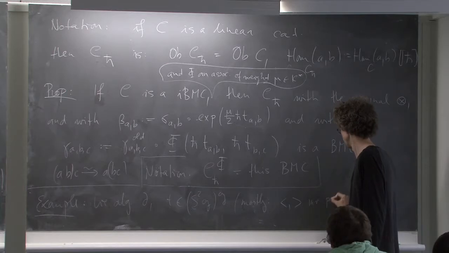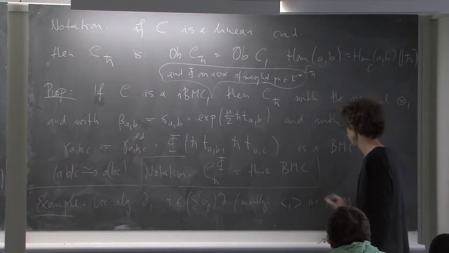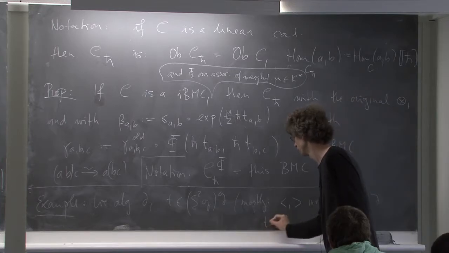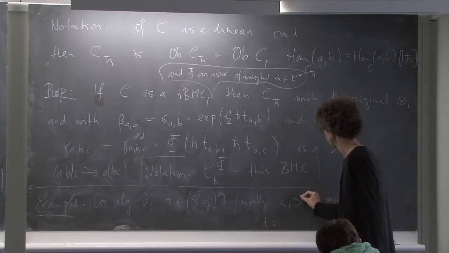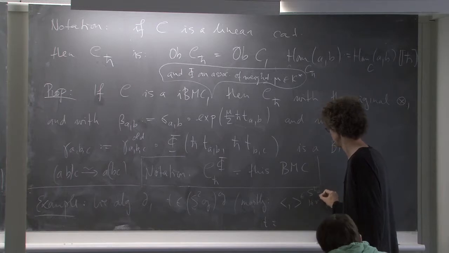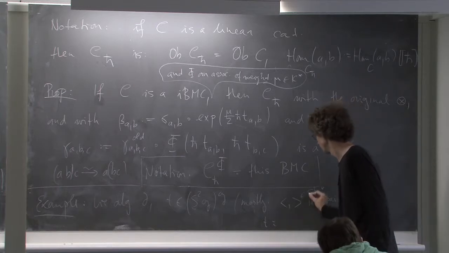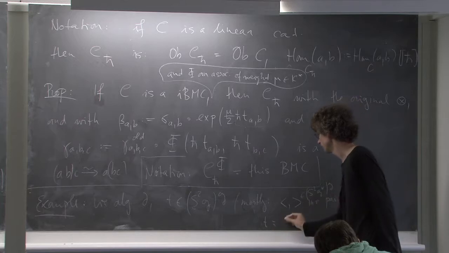Invariant pairing on D, and that T thing. So this is something one can imagine is in S2 G star, G invariant, and this T thing is going to be.